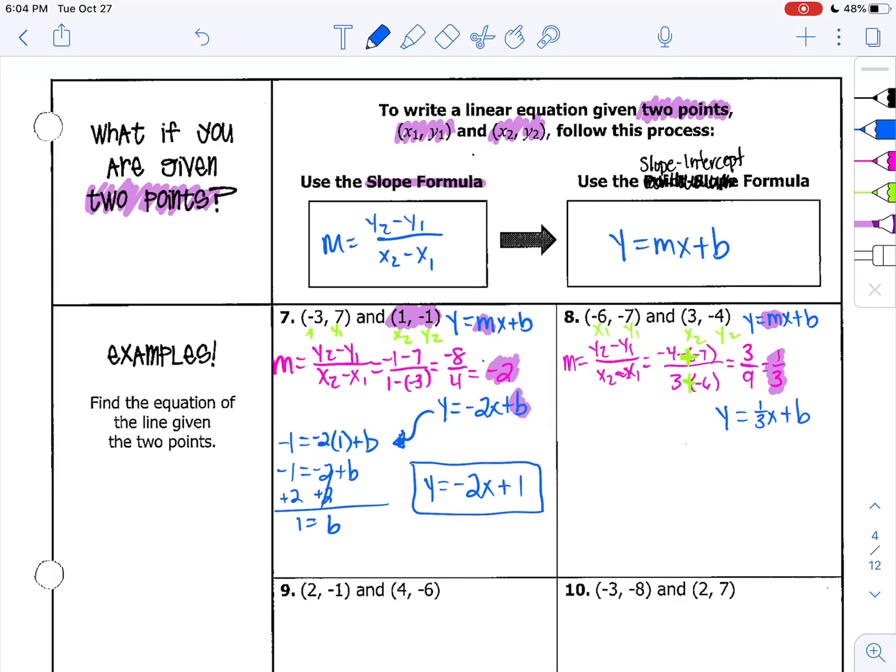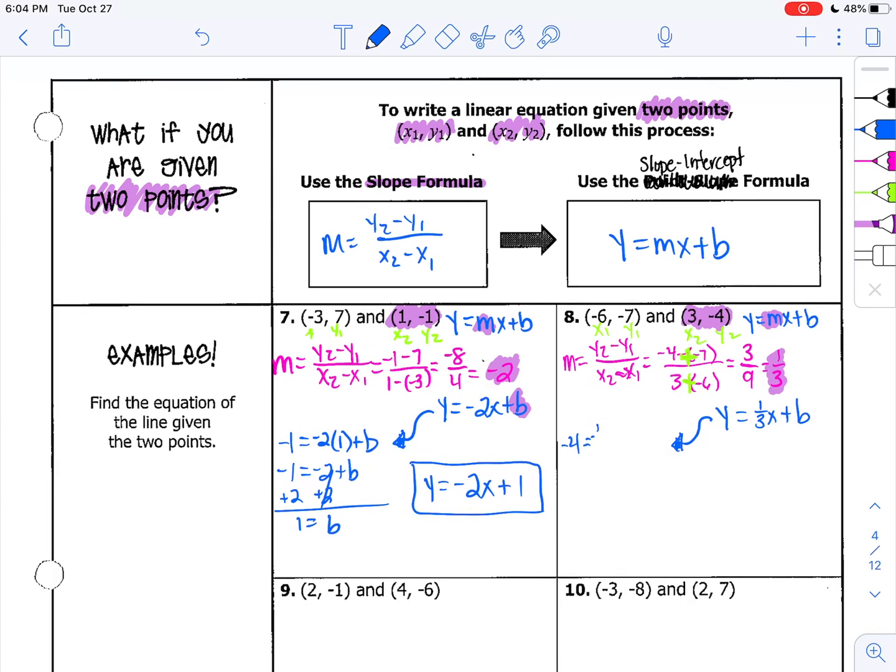Now I'm going to use this equation and I'm going to pick one of my points to help me find the y-intercept. I'm going to choose the point 3, -4. And remember, it doesn't matter which point you choose. Using that point in the equation I've written so far, I'm going to replace y with -4 because that's my y value in the point that I chose.